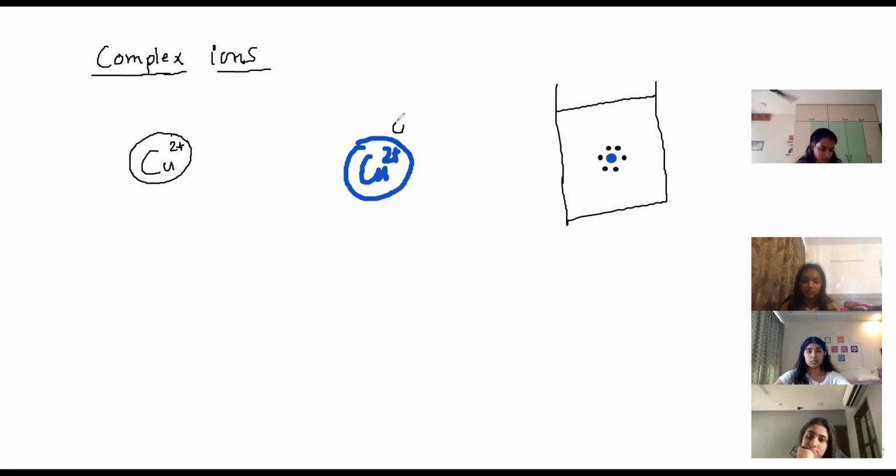A water molecule is made of this oxygen here and hydrogen. This is a water molecule. So you can see that water molecules are surrounding the copper ion.